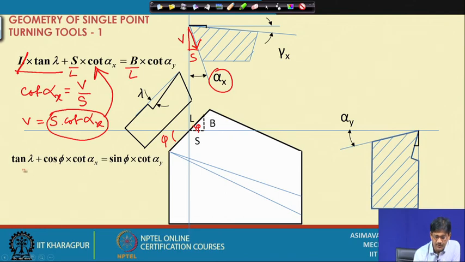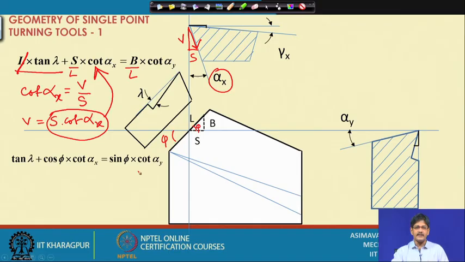So, this relation gives us a relation between lambda, alpha x and alpha y. We establish a relationship between clearance angles and the inclination angle.